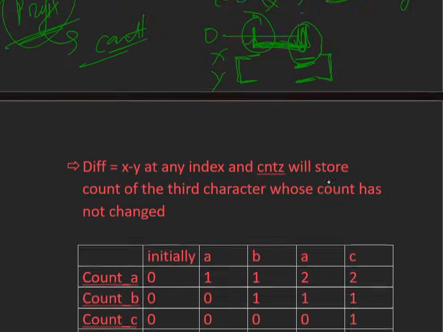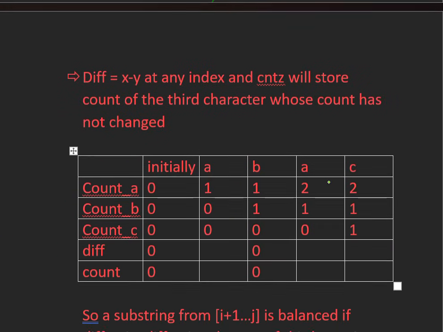Okay, so what we get is the difference, which is equal to count of x minus y at any index, right? And count of z can be anything. Like x can be a, b or c, right? In that case y can be b, a, c, and z can be anything. So we are just denoting using x, y, z to generalize it, right?